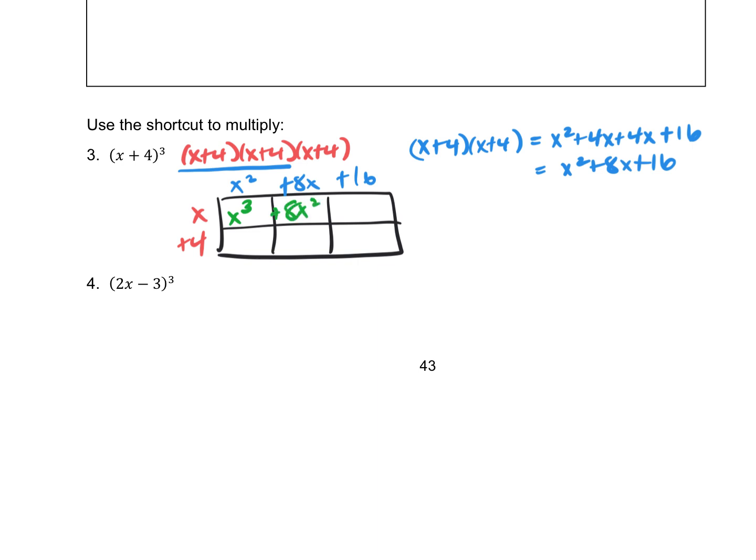I'm going to put a plus in front of that. 16 and x, so plus 16x. x squared plus 4, so plus 4x squared. 8x plus 4, so plus, sorry, I said plus times 32x. And 16 times 4 is 64.